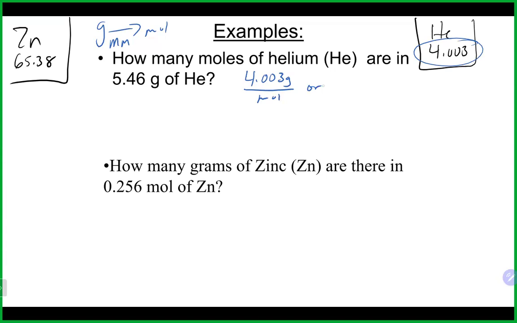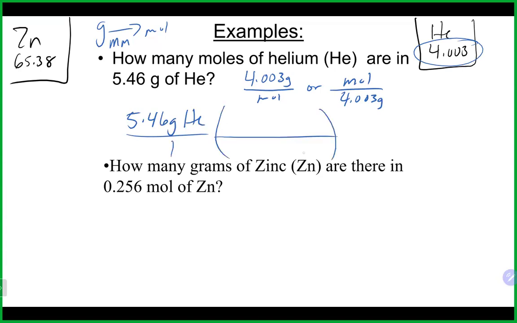We could also use it again in dimensional analysis by just flipping it around here. So we'll start with what was given to us, 5.46 grams of helium. Again, just take a dimensional analysis approach here. Grams are on top. Opposites are going to cancel, so we're going to use the one here on the right. That will give us moles of helium is 4.003 grams, just like normal dimensional analysis.